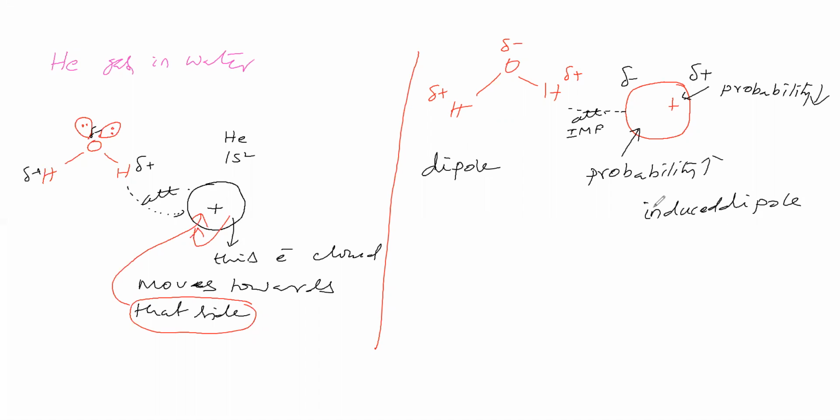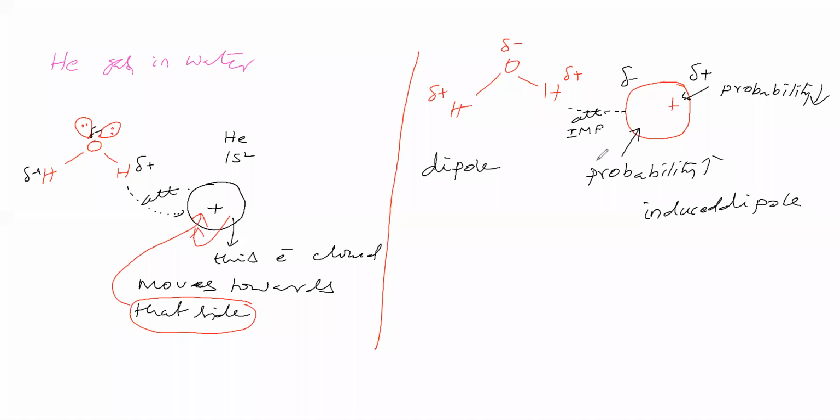So dipole induced dipole attraction is possible between a polar molecule and a non-polar molecule. Between a polar molecule and a non-polar molecule, what type of intermolecular force is possible? Dipole induced dipole attraction is possible, sir.